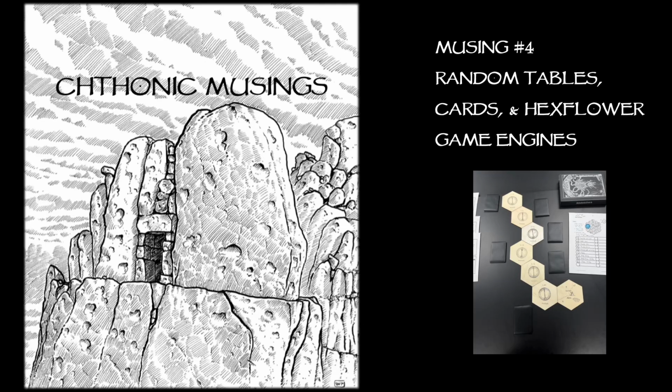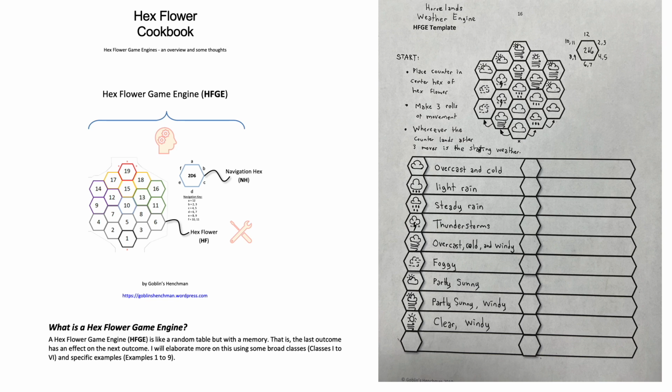You have to understand what you're doing, think it through. Also, the Hexflower. This should look familiar. It's hexes in a pattern with a center hex, and then a ring around that of 6 hexes, and then another ring around that for a total of 19 hexes.